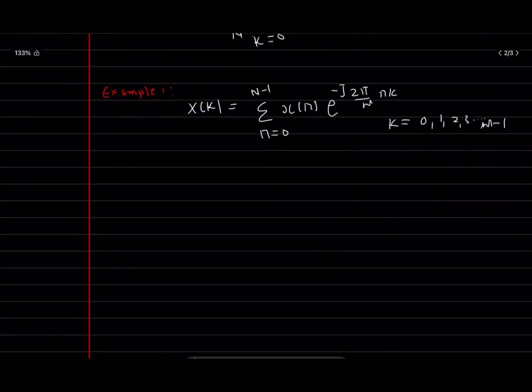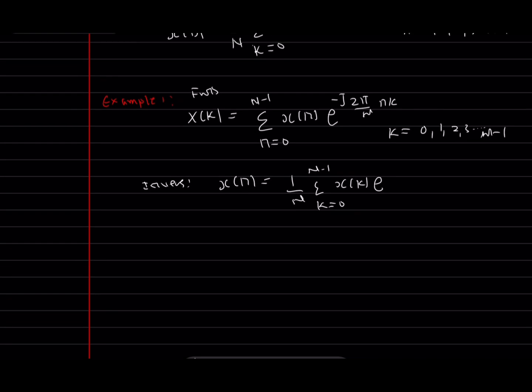This is the forward, and then the inverse one is also x of n equal to 1 over N, summation of k equal to 0 to N minus 1, X of k exponent j 2 pi over N nk, where n is equal to 0, 1, 2, 3, and so on up to N minus 1. So this is the answer to this question.